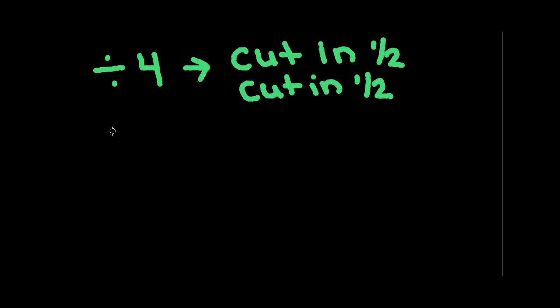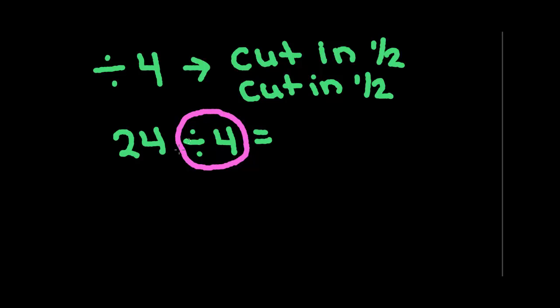Let's do an easy one first: 24 divided by 4. We're going to circle the rule. The rule is dividing by 4, so the action is on the 24. I want to take 24 and cut it in half.